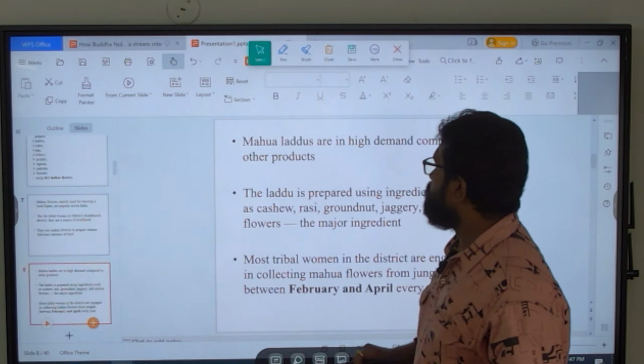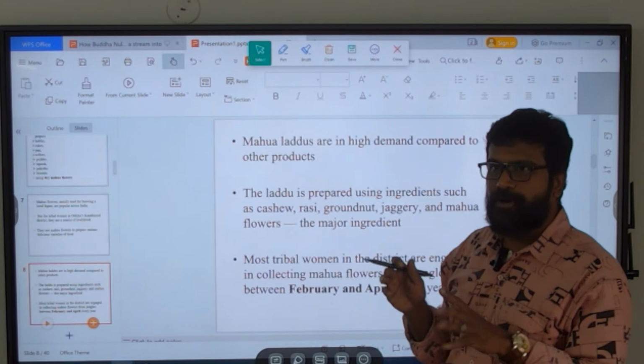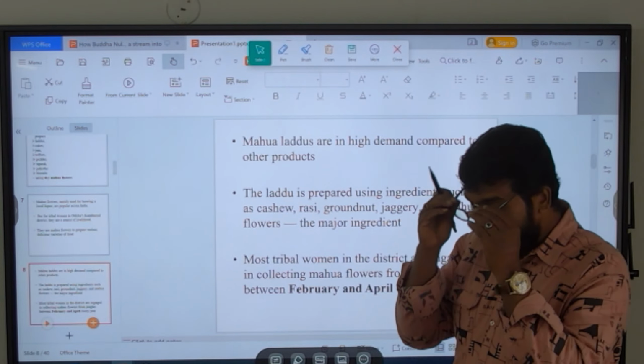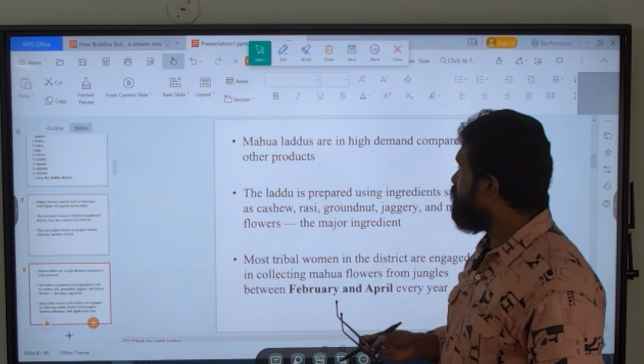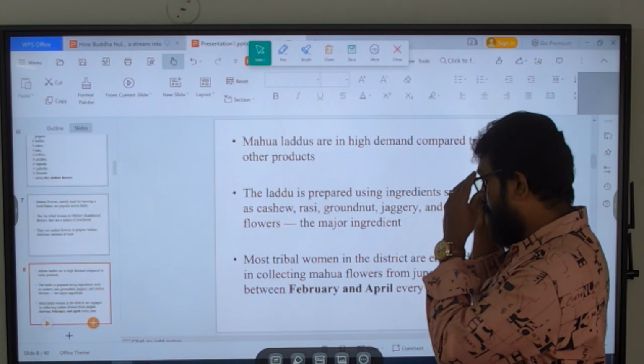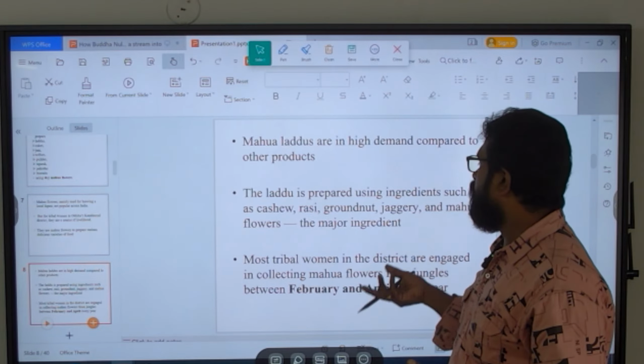This mahua laddu is in high demand compared to the other products, definitely. When you go and see the tribal area in Odisha, it is very highly demanded, and they make it with ingredients like cashew nut, groundnut, jaggery.